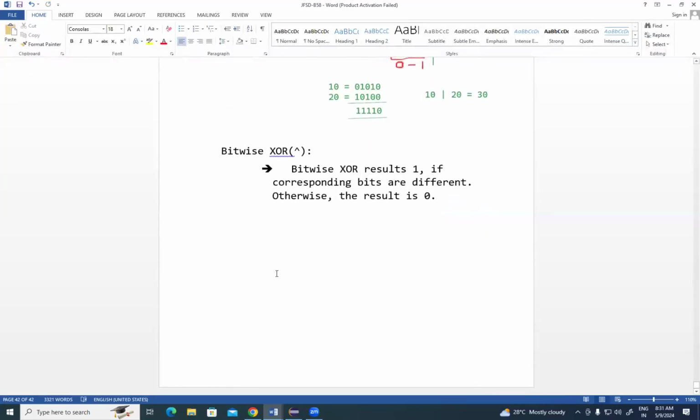Folks, am I clear? Bitwise XOR results in 1 if corresponding bits are different, otherwise the result is 0. Online people, am I clear? If the corresponding bits are different, the result will be 1. If the corresponding bits are the same, the result will be 0.